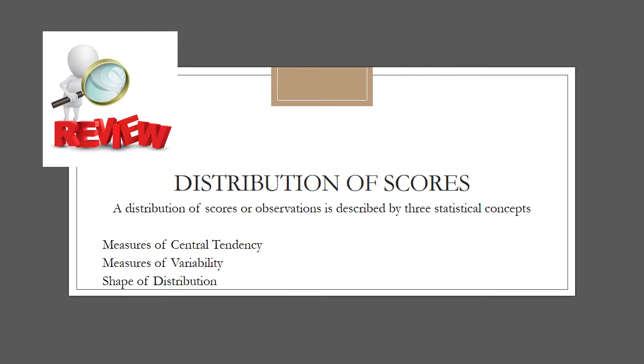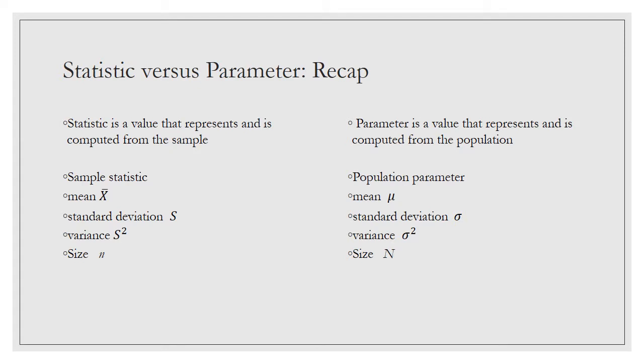So if they're not as familiar, you can go back and review those, or you can pause at different points as we go through our inferential statistics overview and maybe go back and review some of our descriptive statistics as well. A short recap that you can also go back and review is the idea and difference between statistics and parameters. As you recall, a statistic is a value that represents the sample.